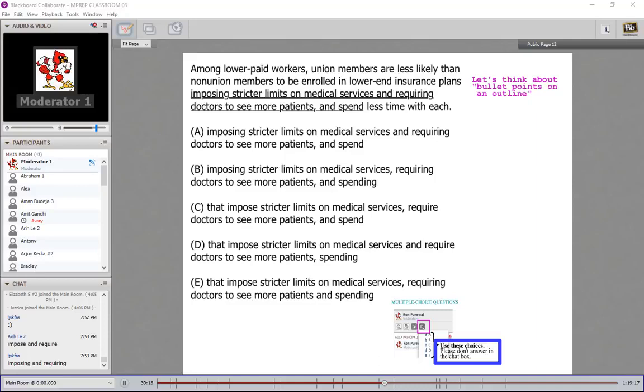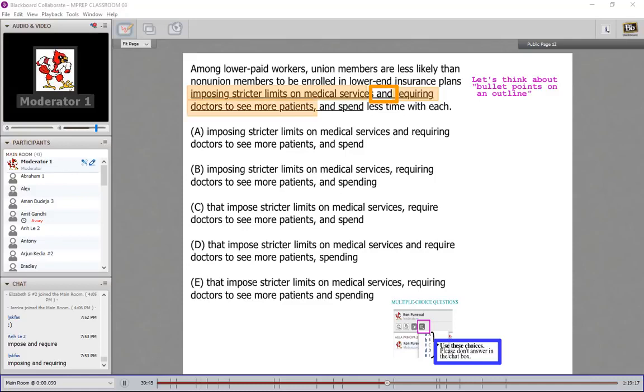So yeah, there's two things that insurance plans do. They impose limits, and they require doctors to see a larger number of patients. You bet. They do that. There's two things. And, you know, insurance plans don't spend time with patients. So if that last thing was parallel with those, that would be a serious problem.